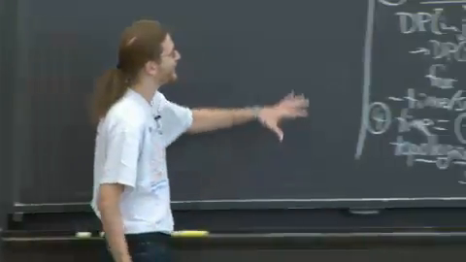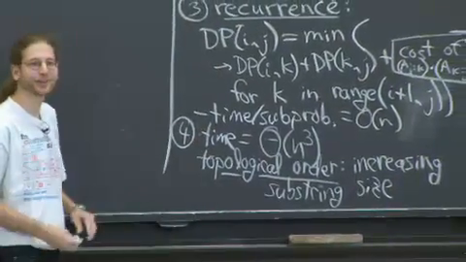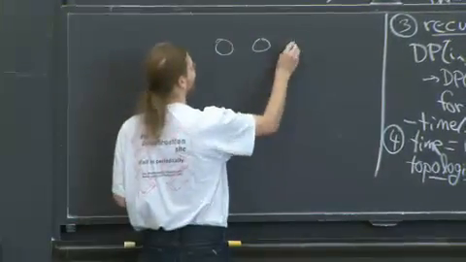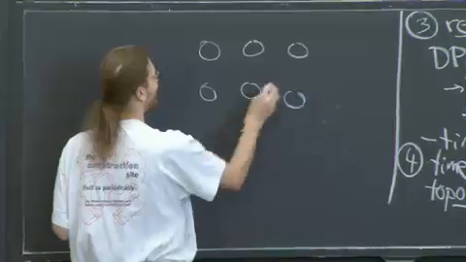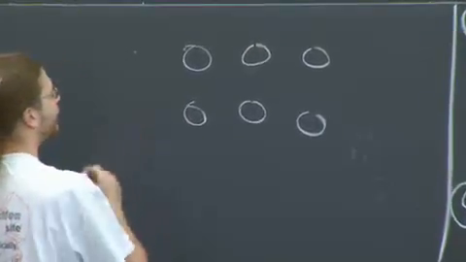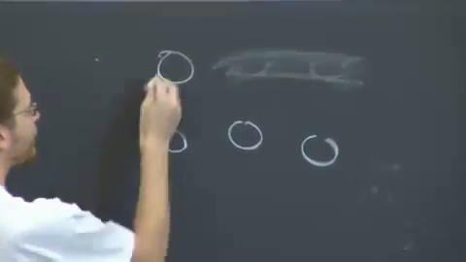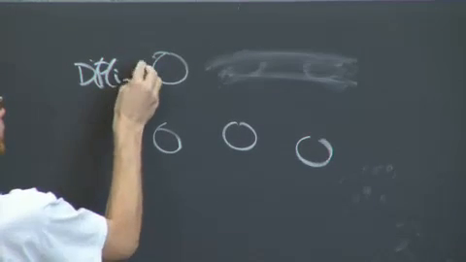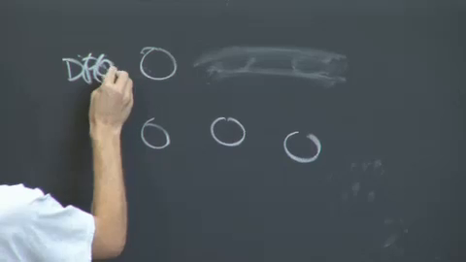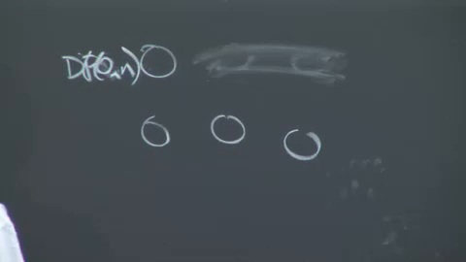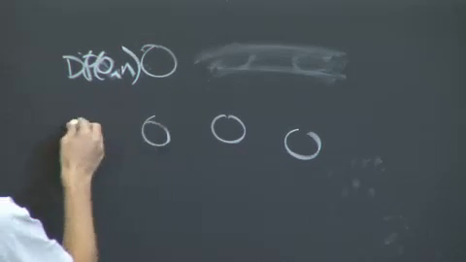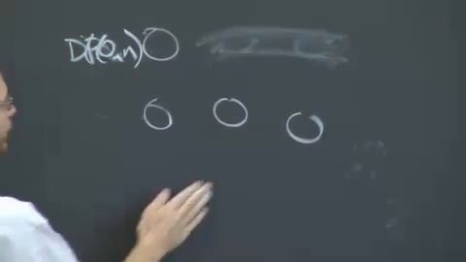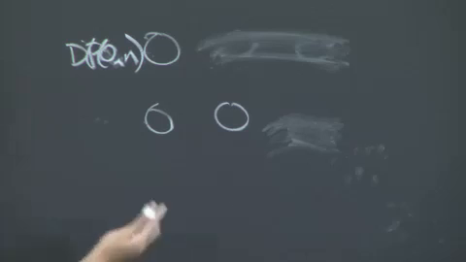Exercise, try to draw the DAG for this picture. It's a little harder, but I guess I'll do it for you. Let's say there's, at the top, everything. The longest substring. That would be from 0 to n. That's everything. Then you're going to have just 2 different ways to have a slightly smaller substring.